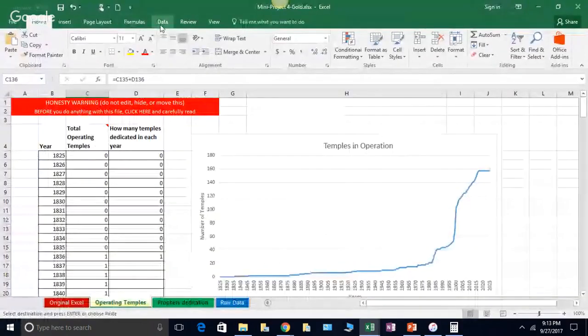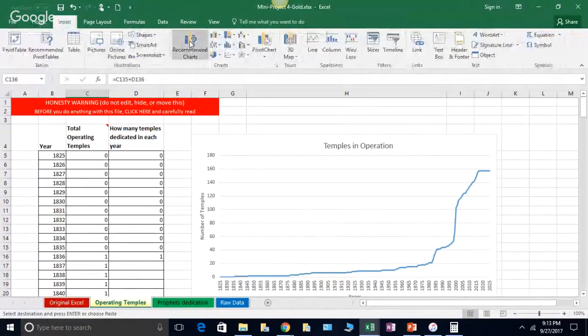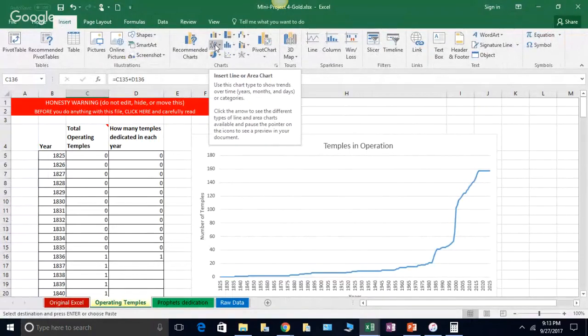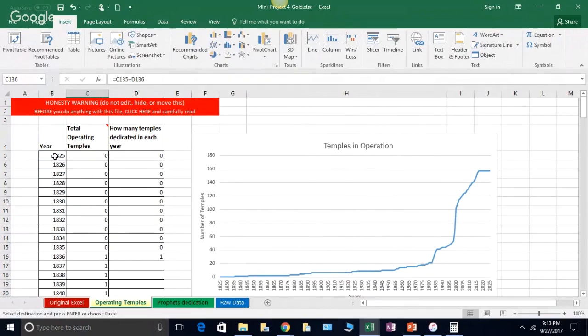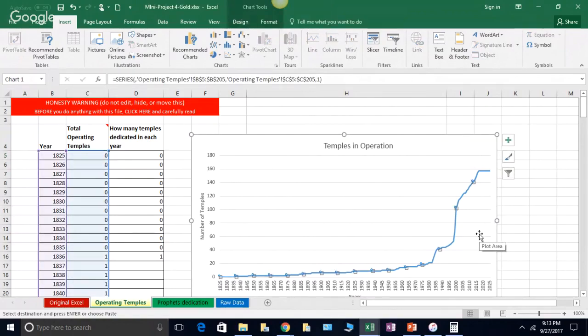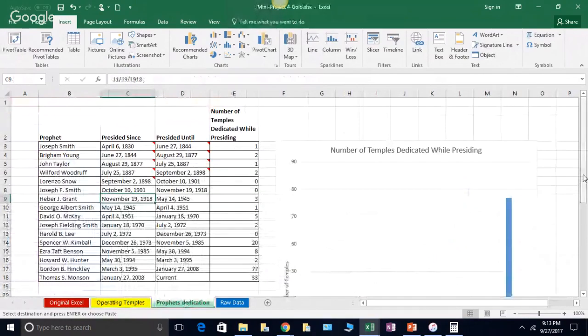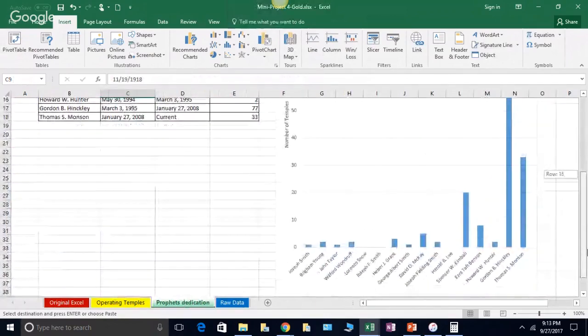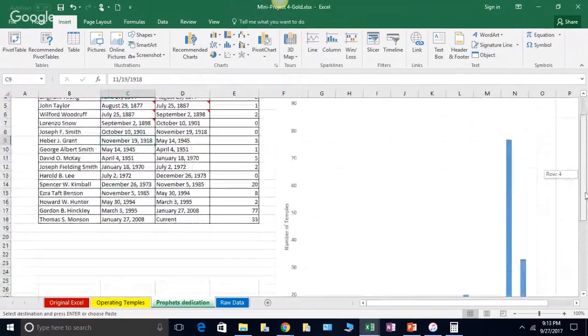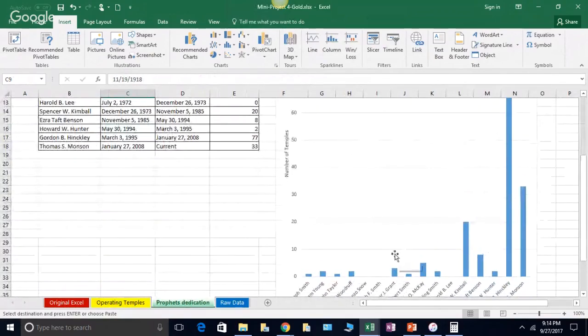I went ahead and did insert, and then insert line graph, and then I put it in, making sure I put this column and this column into it, and was able to populate this actual graph. And as you can see, as I get bigger, it actually expands right there. And then same with this one. I chose to do a bar graph just because I figured this was pertaining to the actual profits and how many they did. And so I just did a bar graph on that.